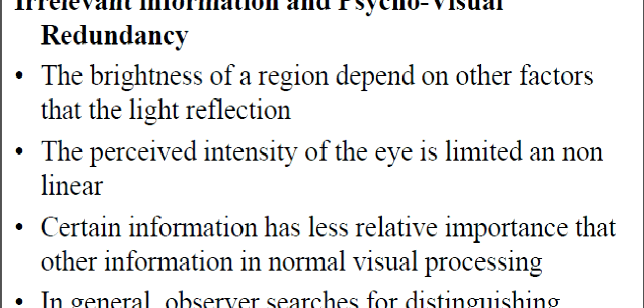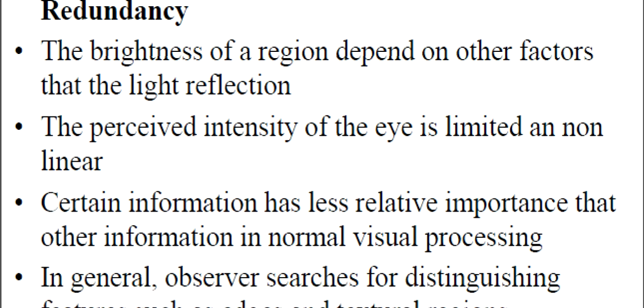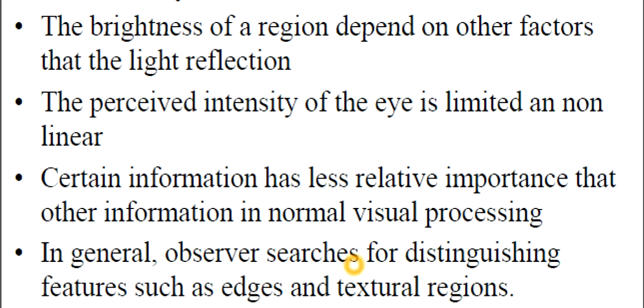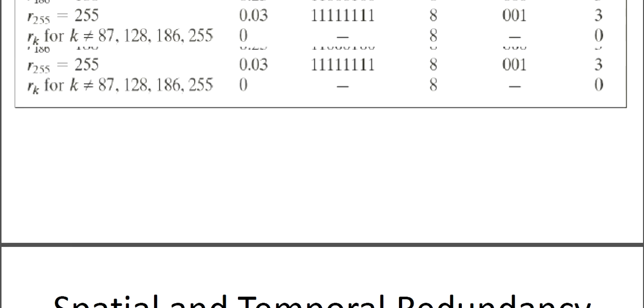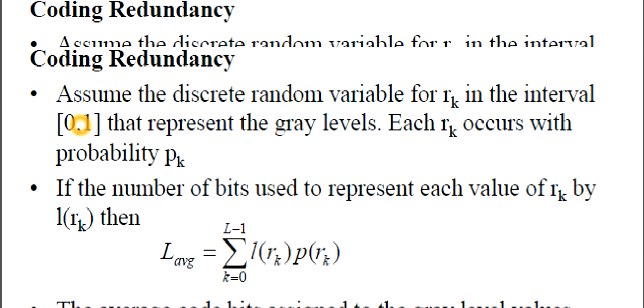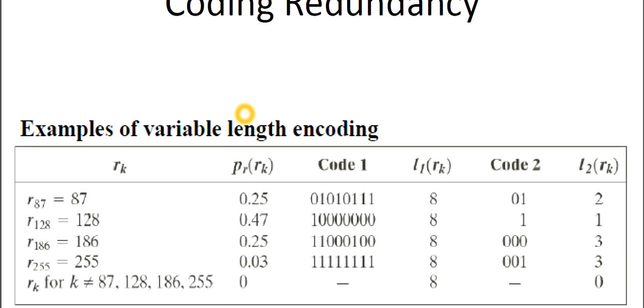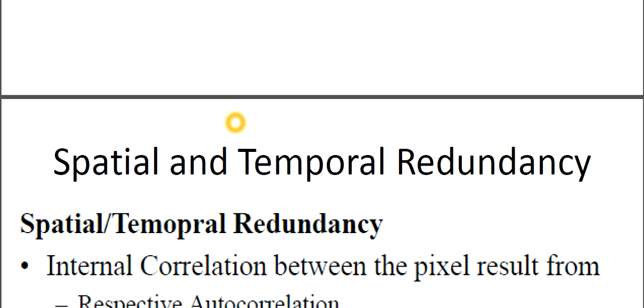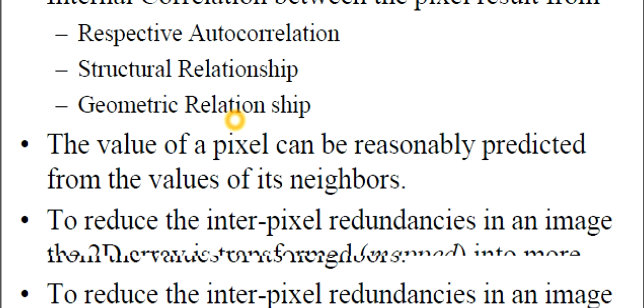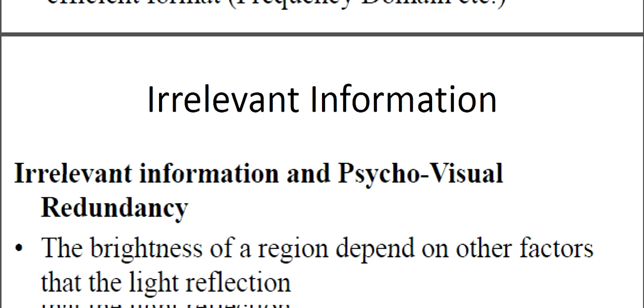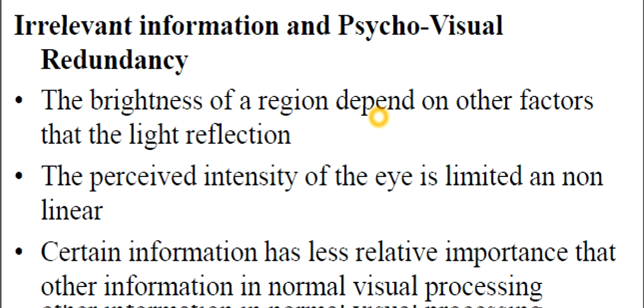Certain information has less relative importance than other information in normal visual processing. In general, an observer searches for distinguishing features such as edges and textural regions. So these are the redundancies with respect to image data: coding redundancy, spatial redundancy, and irrelevant information.